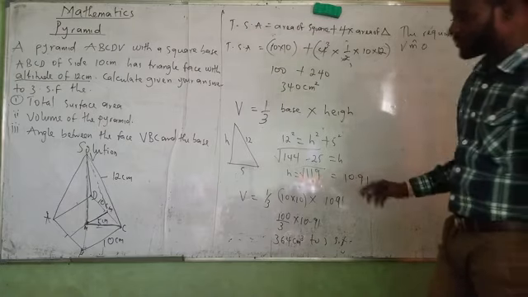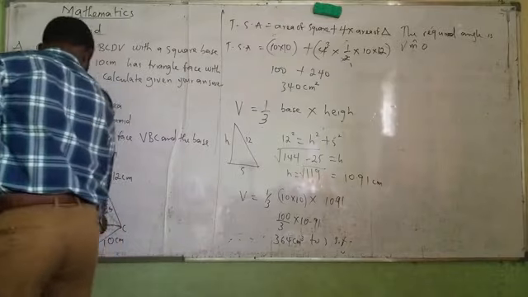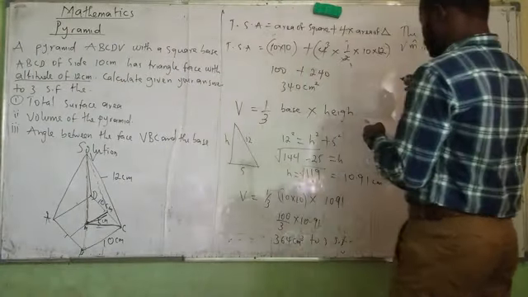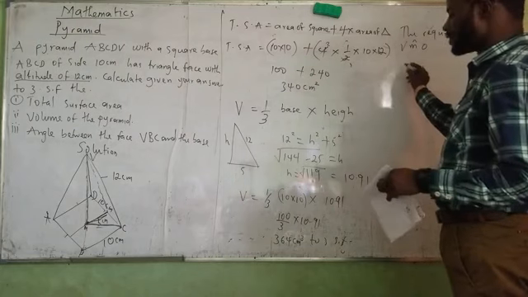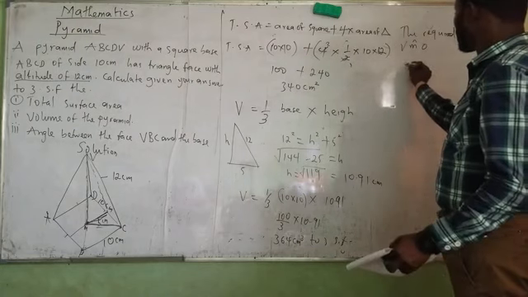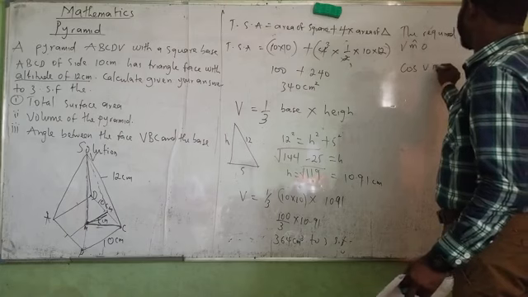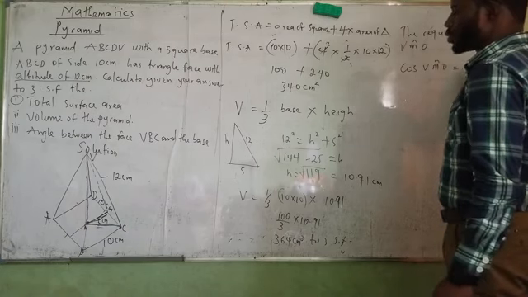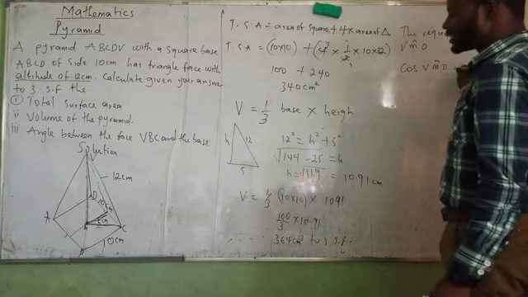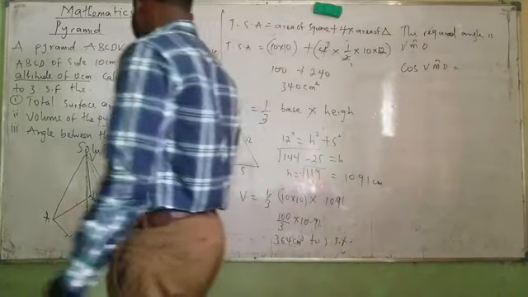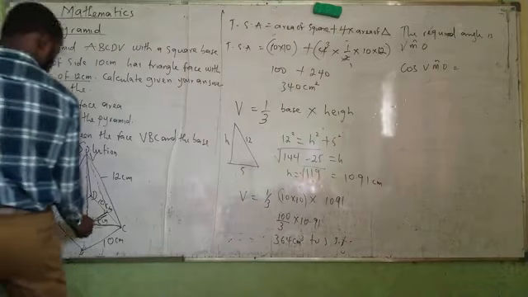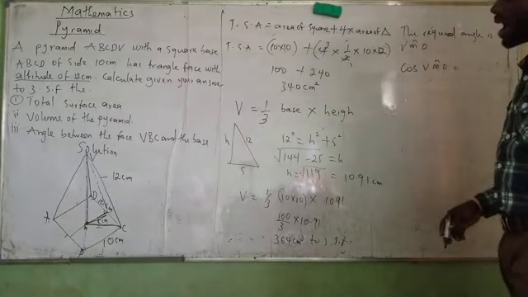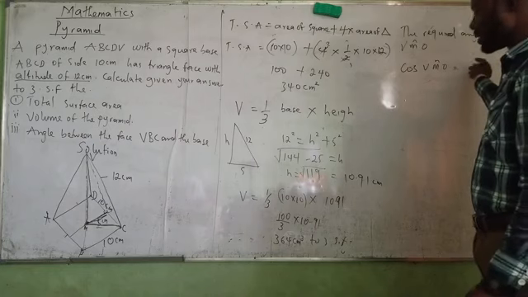Since I'm trying to work towards this, cos VMO equals adjacent over hypotenuse.